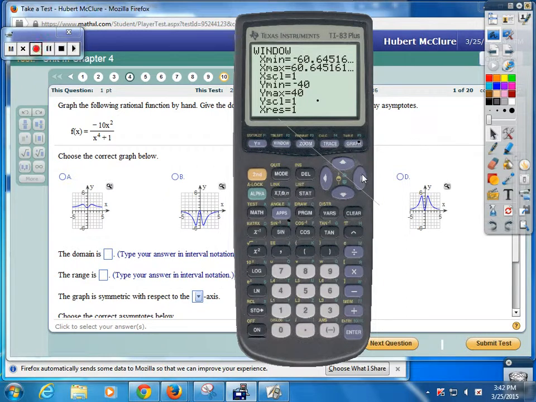Let's go with negative 10 to positive 10, and negative 5 to 20. All right, you were right.